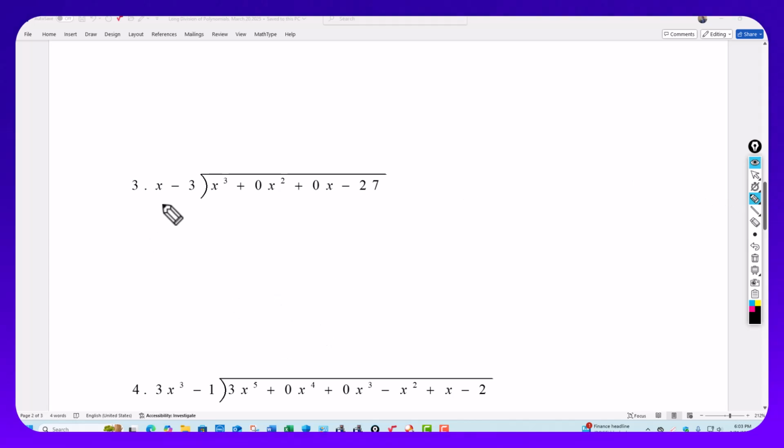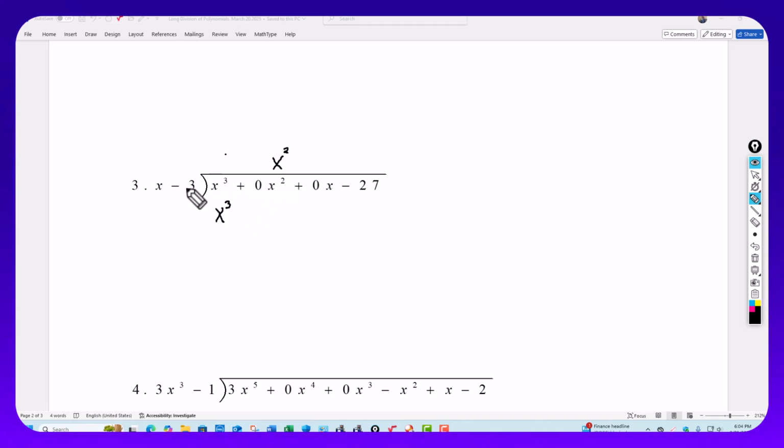Now for number 3, it was x cubed minus 27. So it didn't have an x squared term, it didn't have an x term, that's why I have the 0x squared plus 0x. It's in descending powers, and the divisor is always in descending powers also. So it's x divided into x cubed. I'll put it above this one here, because I get x squared. And then I multiply, x squared times x to the third.